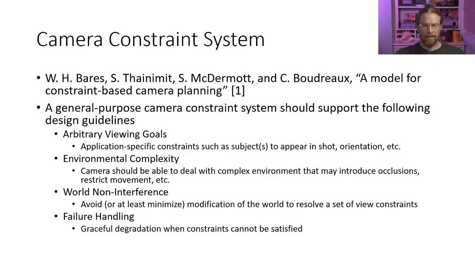And then the last point for this general purpose constraint system is that there should be some means for handling failures, and that would suggest graceful degradation when constraints cannot be satisfied.